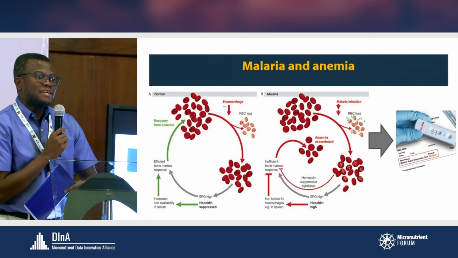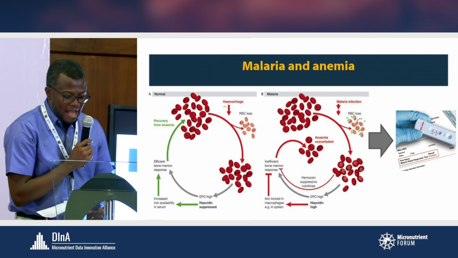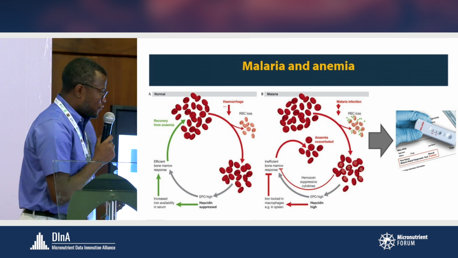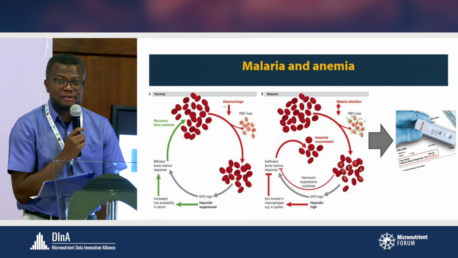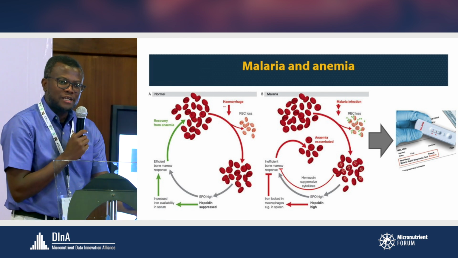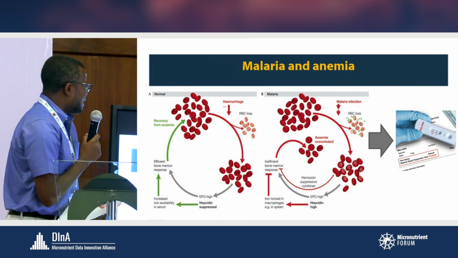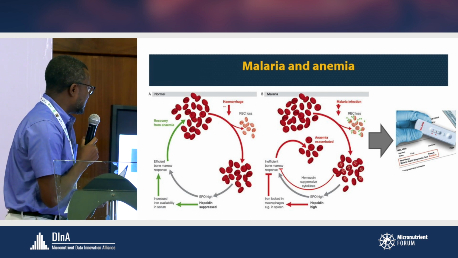However, when there is an infection like malaria, a lot happens to the cells. First, with malaria infection there is red blood cell loss. Right there, the infection is targeting the cells that carry oxygen for function in the body.